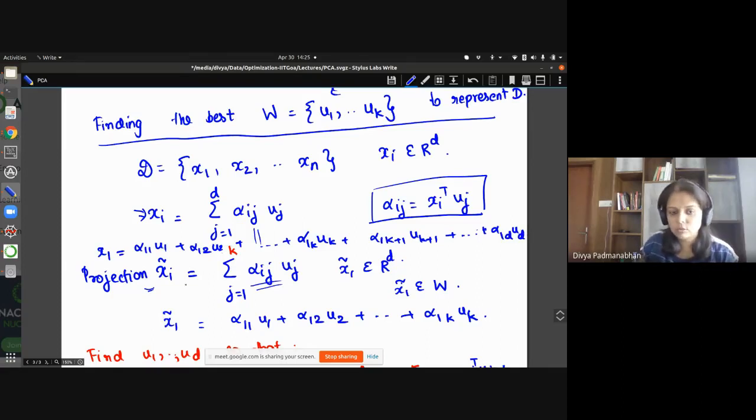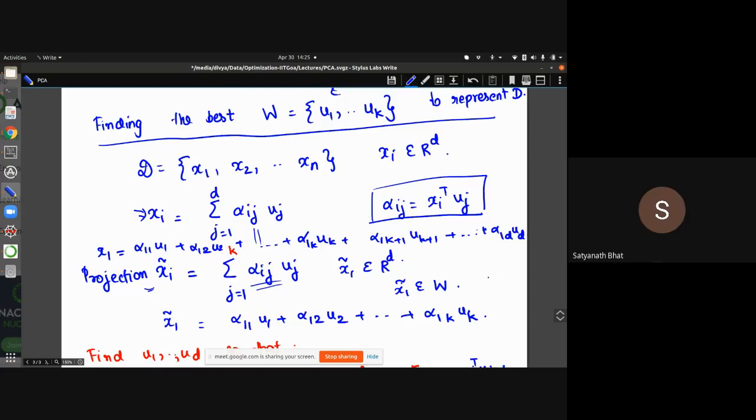So in representing the projection, you're using only the first k vectors. This is in terms of the basis u1 to ud that you provided, but in terms of the original standard basis, it will be x11, x12, x13 up to all the features as it is.